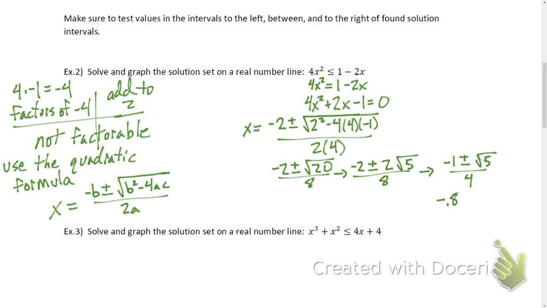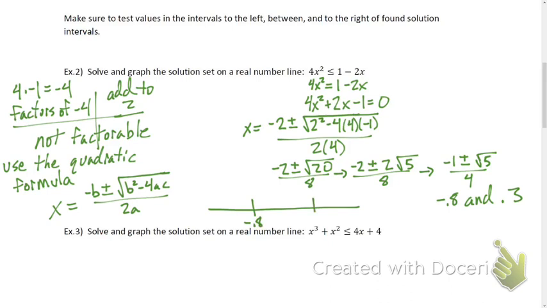Here, I'm going to type it in just to make sure I'm thinking right. Yeah, -0.8. If I treat that square root of 5 as positive and subtract 1 from it and divide by 4, I end up with 0.3, which doesn't look fun to work with, but actually it works out pretty nice.